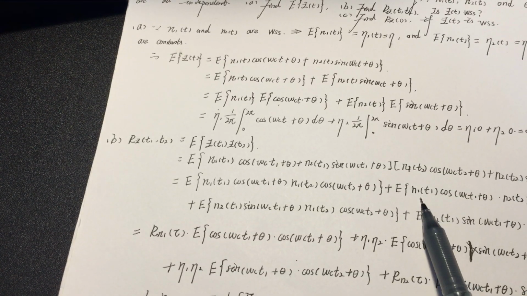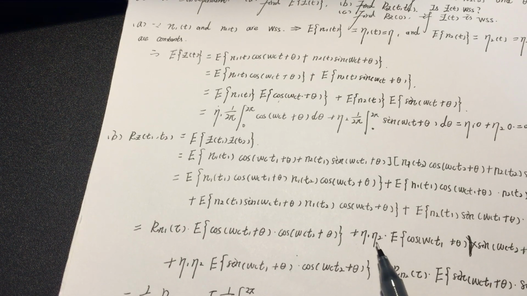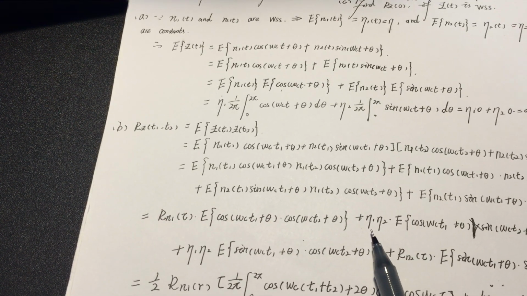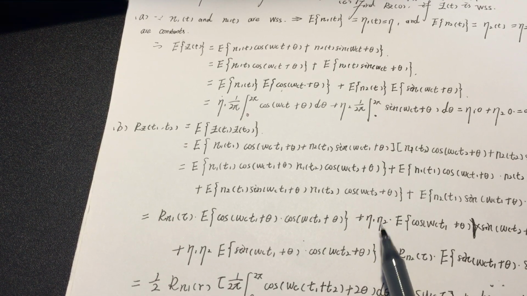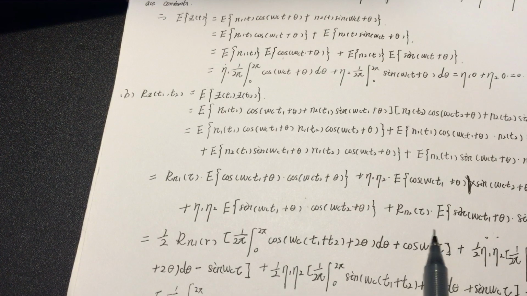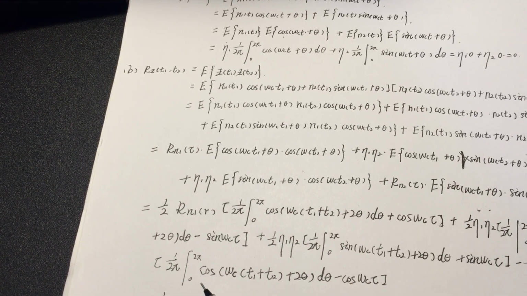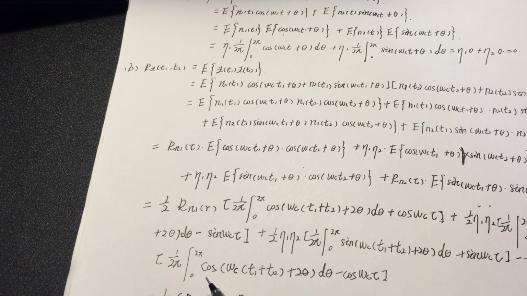The expectation of N1(t1) and N2(t2) we can also pull apart, and it equals a product of the theta 1 and theta 2 terms. The third part is the same, and for the fourth part we can pull the N2 tau apart. So we can write it clearly like this.